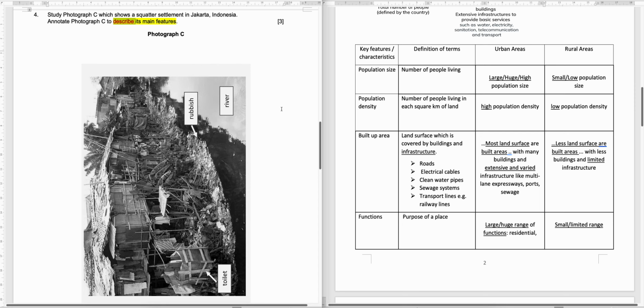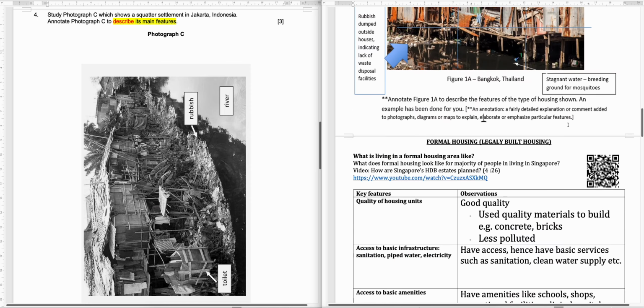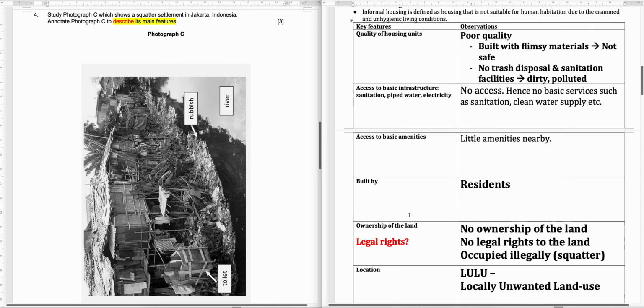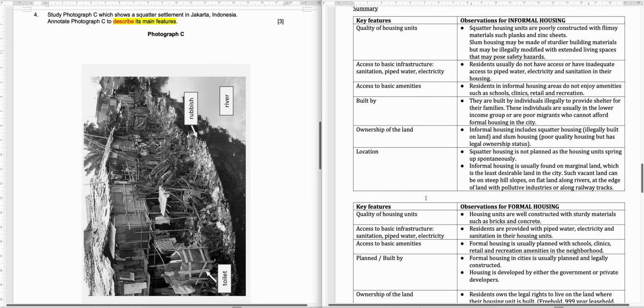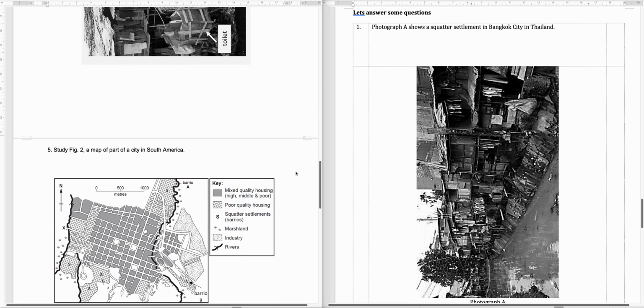And use the terms to help you. If you're not sure, go to your notes 2. We have learned some of the features that you might be able to see from the photo. And of course we have also done all this annotation from your homework and from your classwork as well.